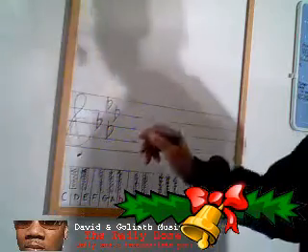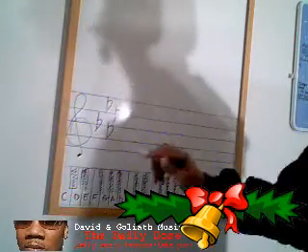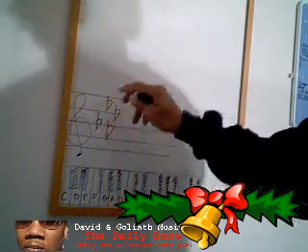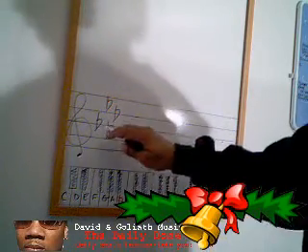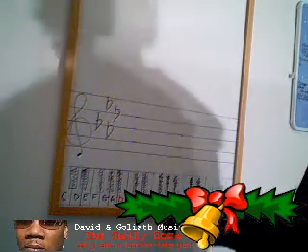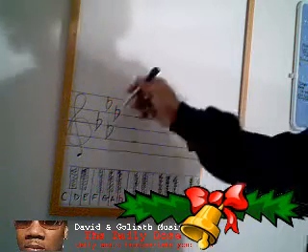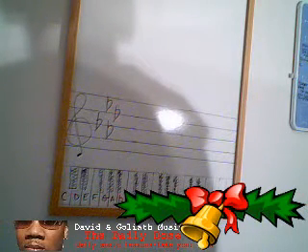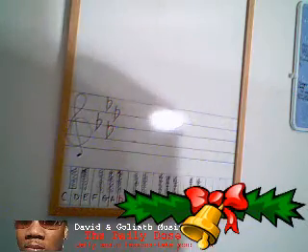You can always tell the key in the flats by the final flat, or the one previous to the final flat. So B flat, E flat, A flat is your key, and then there'll be one more flat behind that, and that will tell you what the key is. So if D flat is your last flat, A flat is going to be your key. Got it?